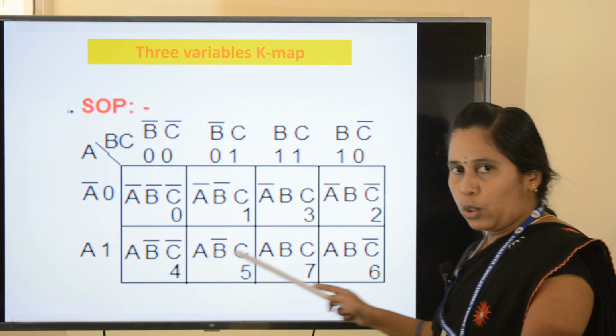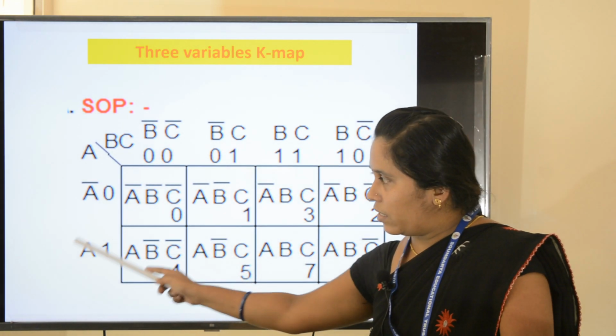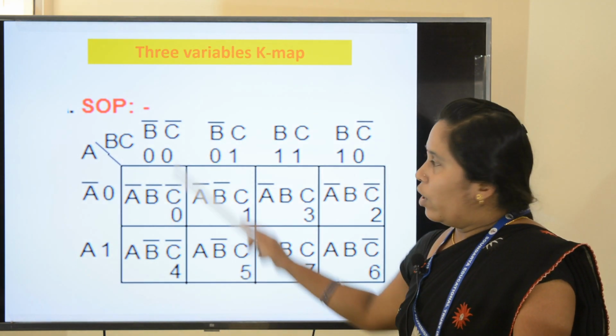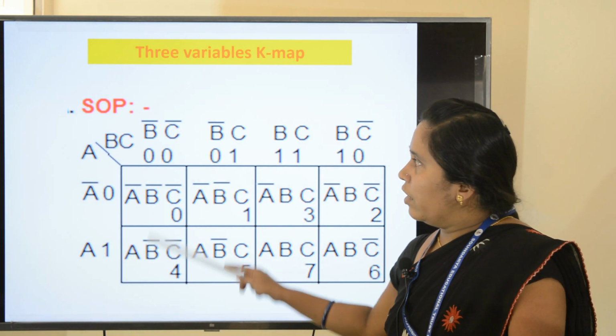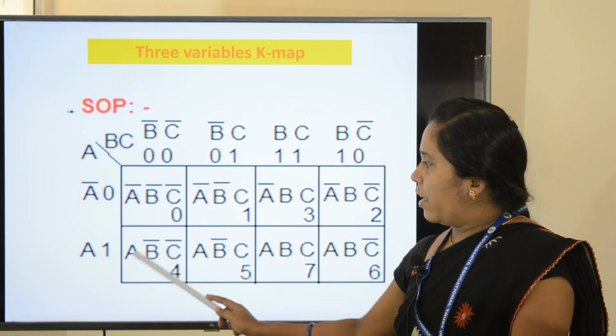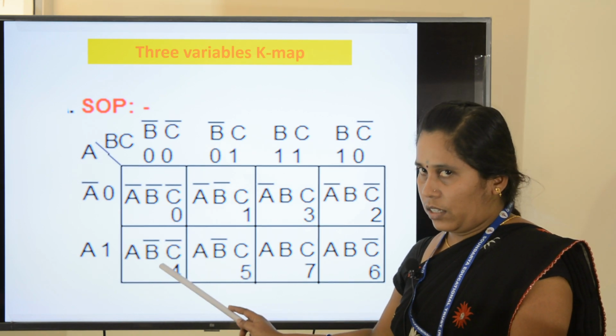The second row is represented by the variable A. Second row into first column: A into B bar, C bar. The cell is filled by A into B bar into C bar.